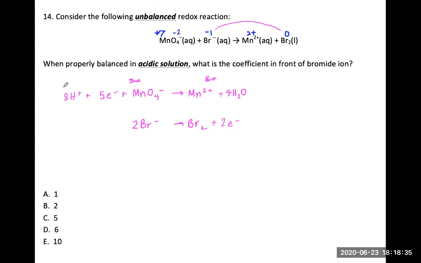So what I'm going to do is I'm just going to multiply this top reaction by 2 and this bottom reaction by 5. And that way each of them will have 10 electrons overall. So let's go ahead and write what that looks like.